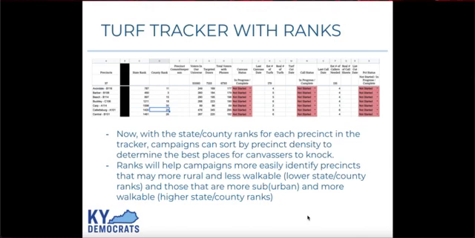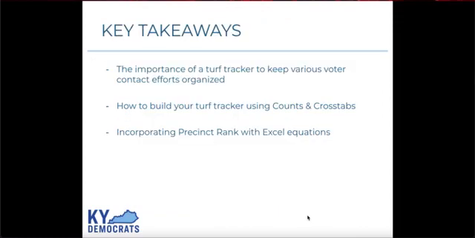So again, just trying to hammer this home, ranks are going to help your campaign more easily identify precincts that may be more rural and less walkable. Those are going to be your lower state and county ranks, and those that are more suburban or urban and more likely to be walkable have the higher state and county ranks.